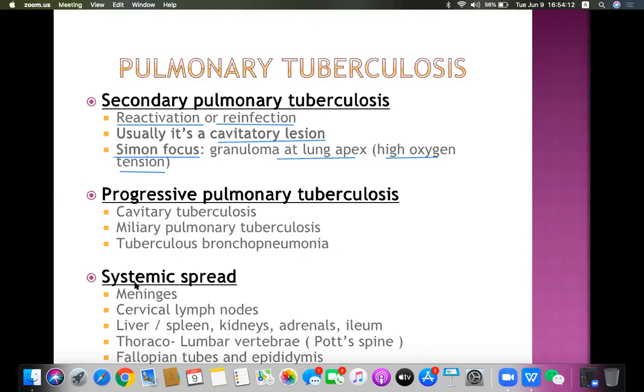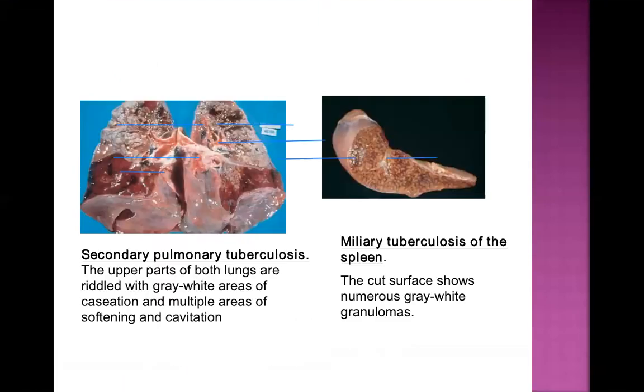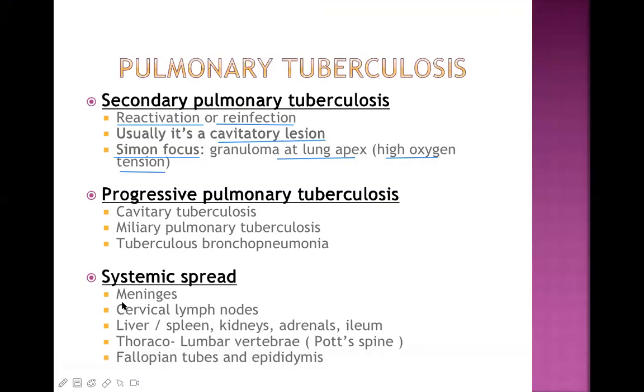Now, these are called extrapulmonary TB, because of systemic spread. So what are those? If it goes towards the brain and causes meningeal inflammation, this is called tuberculous meningitis. If it goes to the cervical lymph nodes, cervical meaning the neck area, we call that lymph node tuberculosis.